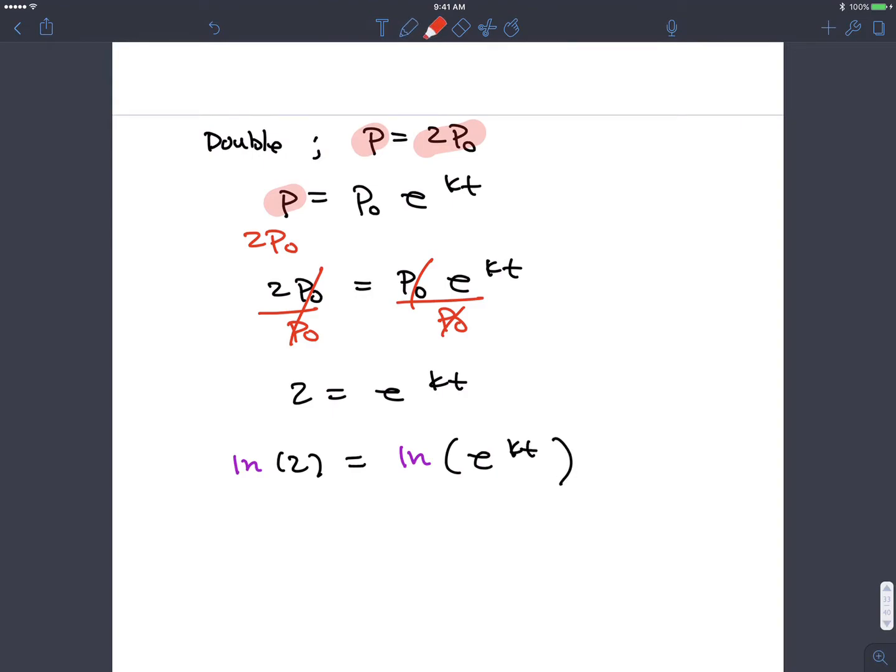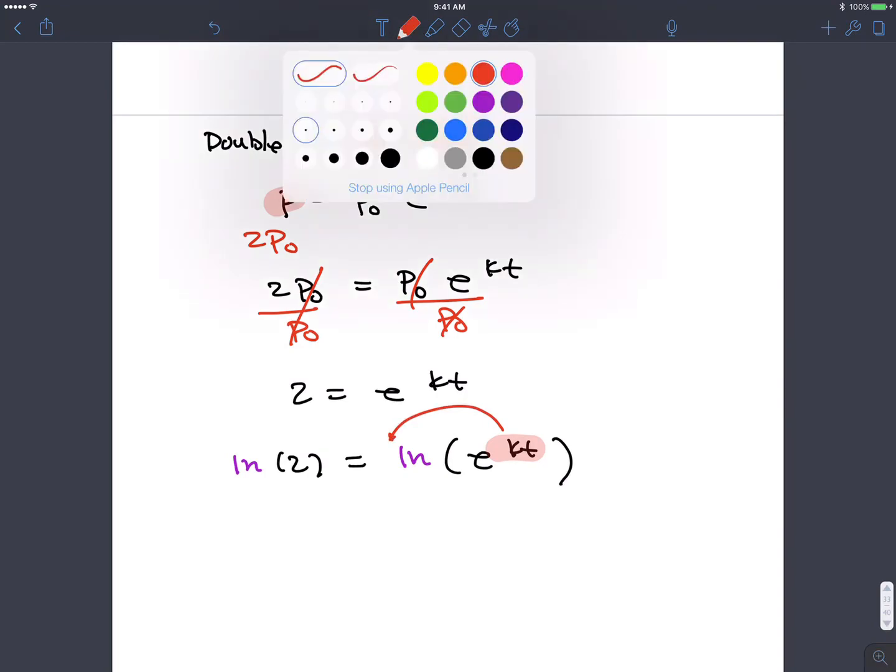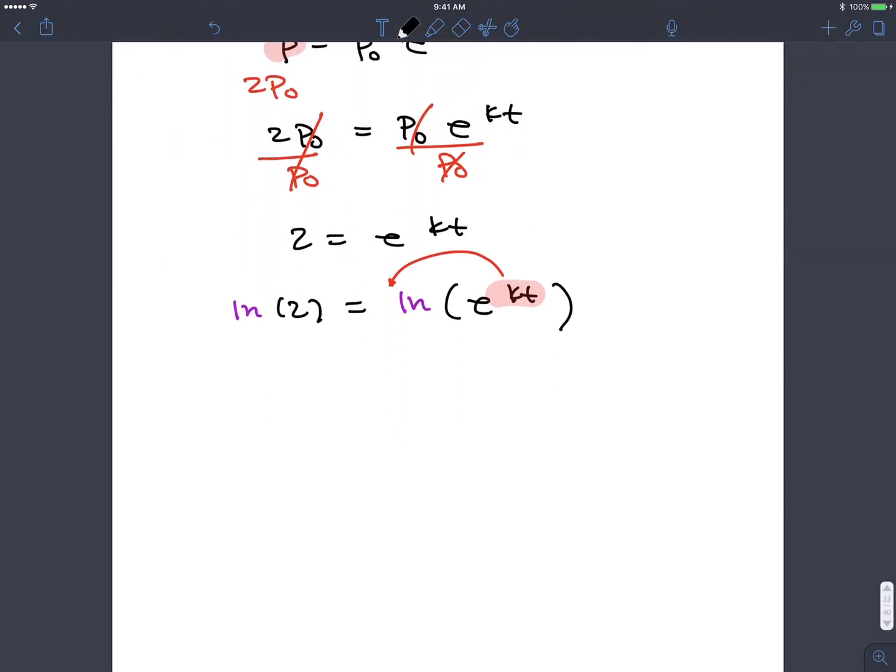Now, by the power rule, we're going to pull out the power. I end up with natural log 2 is kt natural log of e, where the natural log of e is the value 1. Natural log 2 is kt.